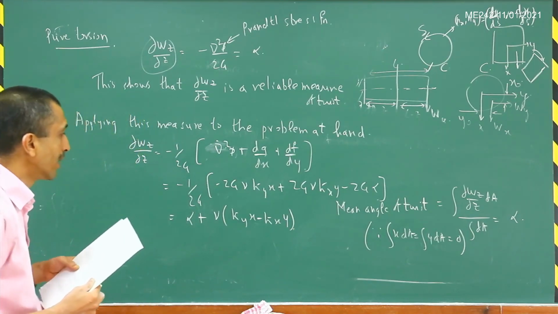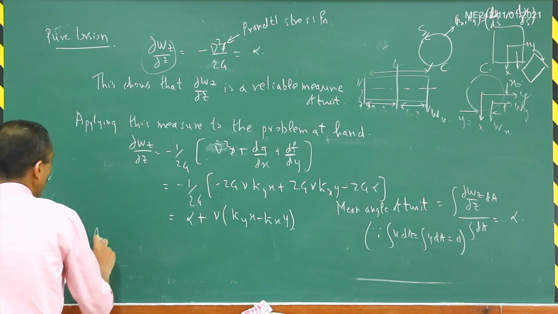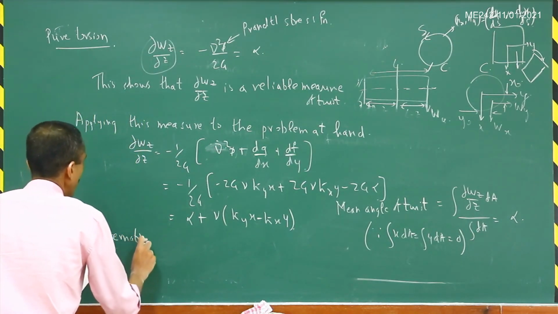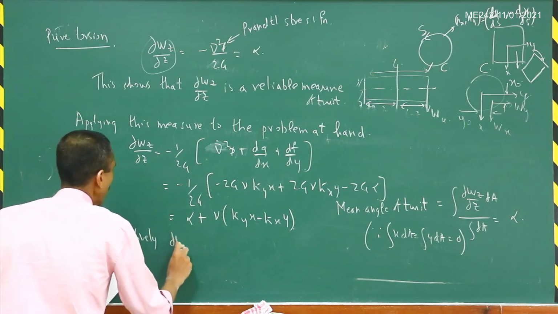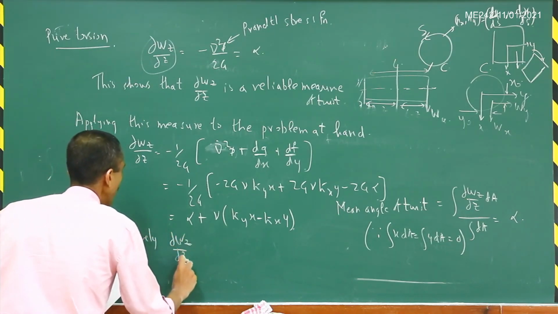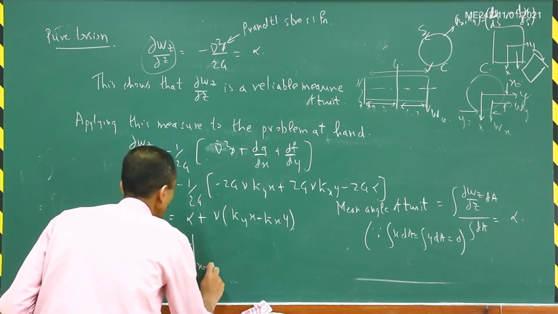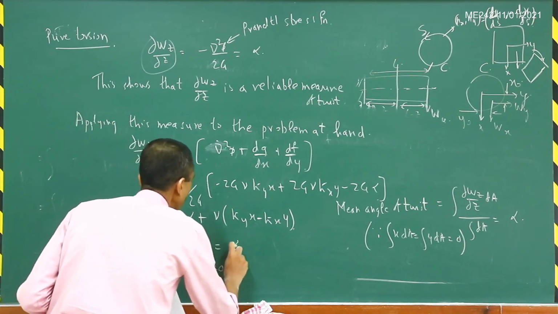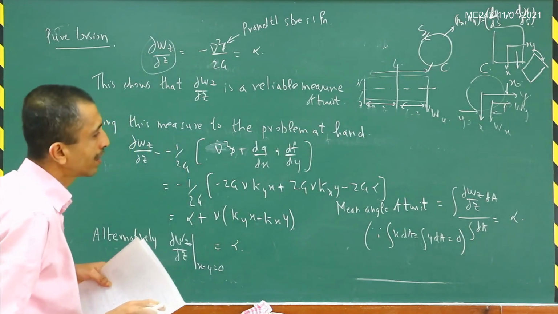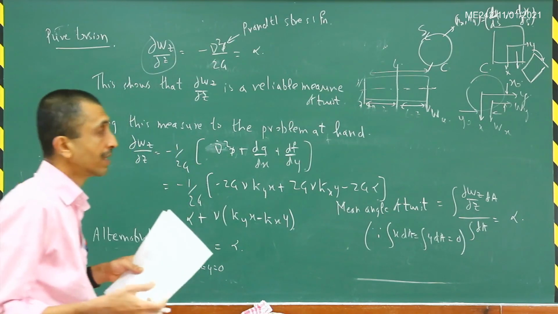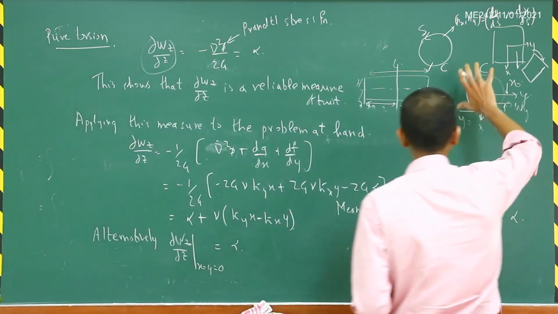Alternatively, you can think about it that del omega z by del z evaluated at x equal to y equal to 0 is equal to alpha. So we can give the interpretation that it is the mean angle of twist of the entire cross section.